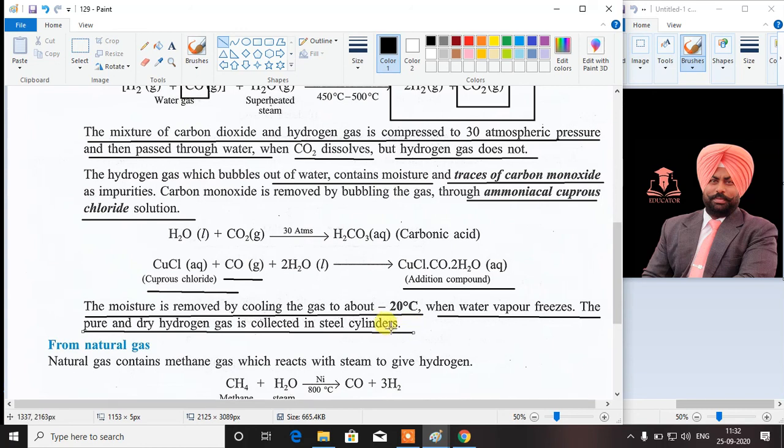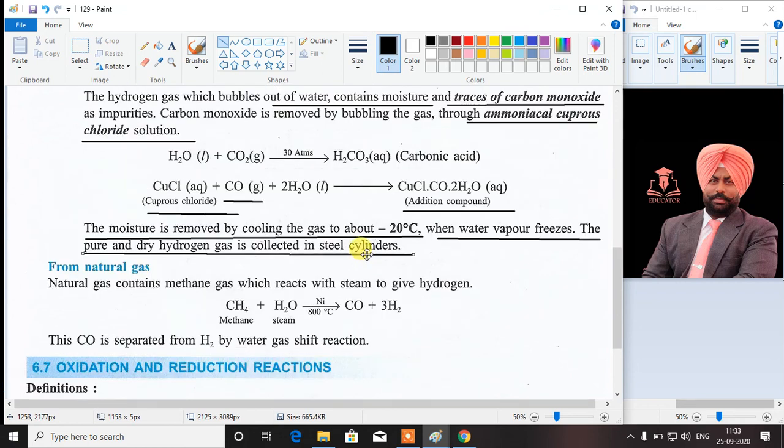Hence, hydrogen gas is obtained in the industries, and the full name for this process is called the Bosch process. Hence, we have prepared hydrogen gas in industries. That's all in this video.